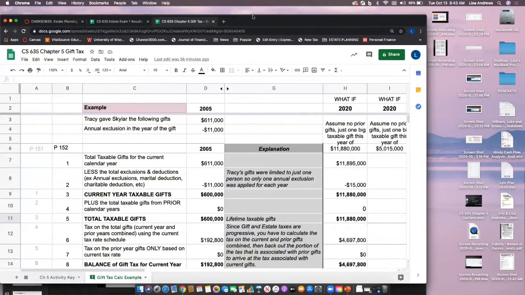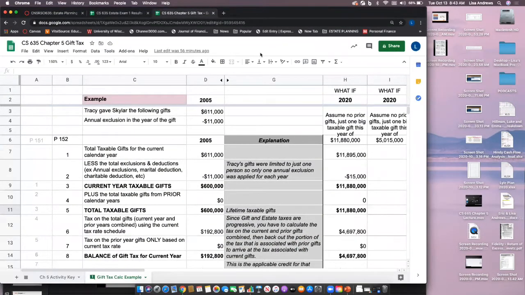So what I wanted to do is to take the example that was provided in the book. In fact, I believe it starts on page 152, Example 5.37.